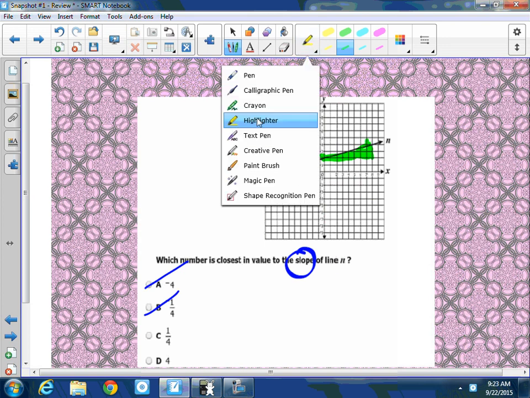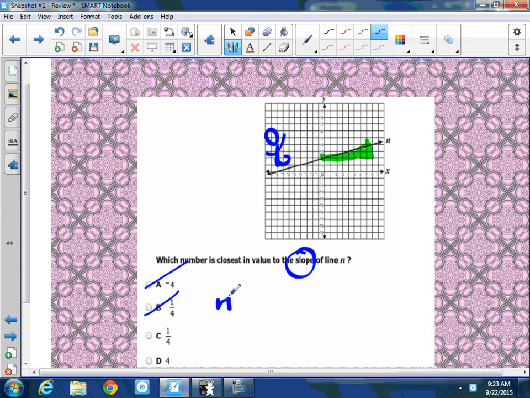And let's do rise over run. Okay. So the rise would be 1 and 2. The run is 1, 2, 3, 4, 5, 6, 7, and 8.